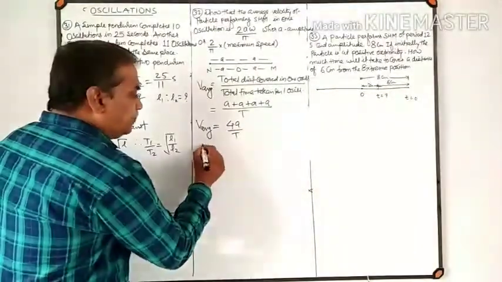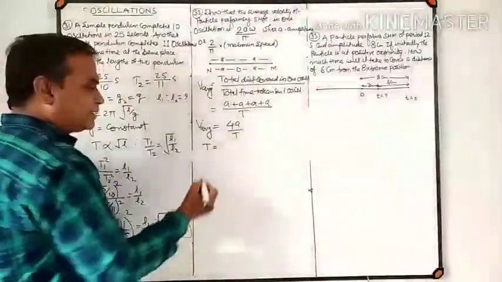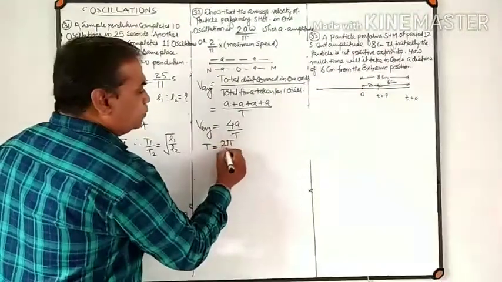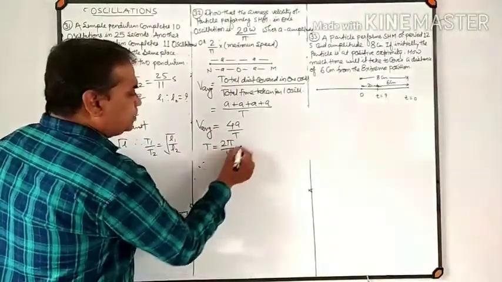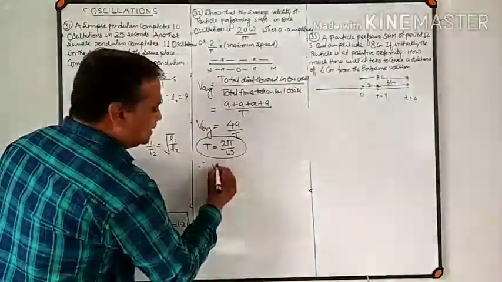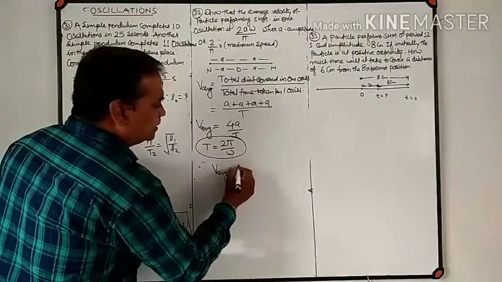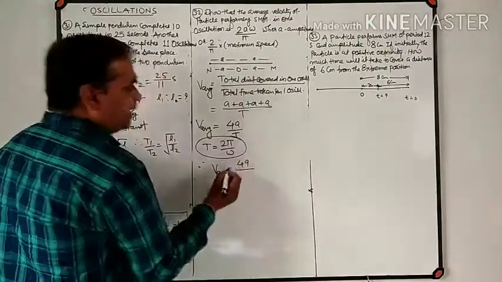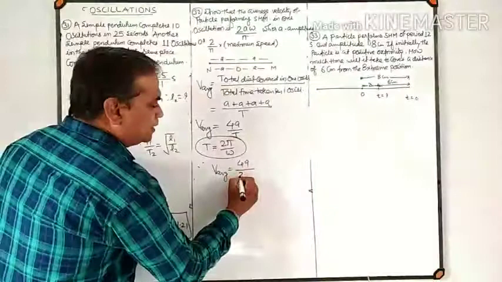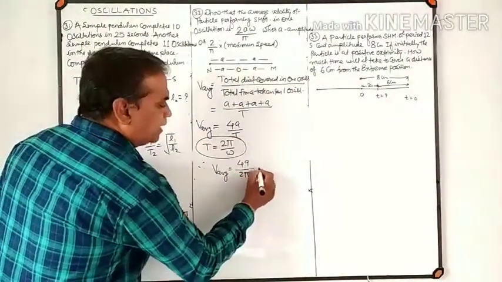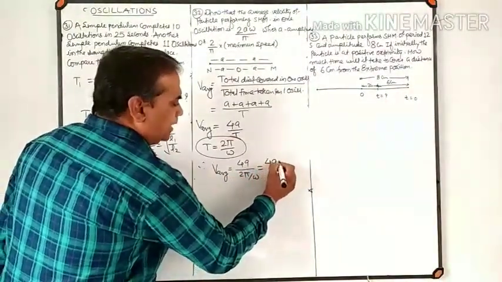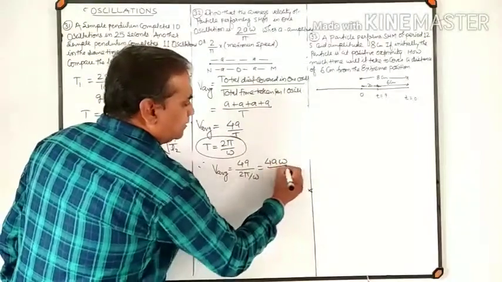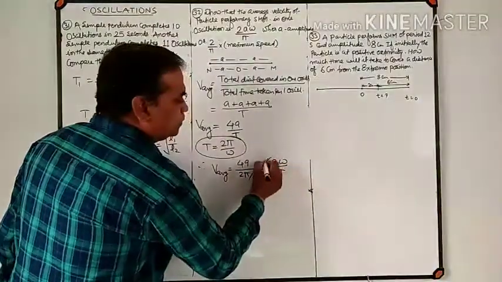But we know that the time period of a particle performing linear SHM, T, is equal to 2 pi by omega. Put this value of time T, and we will get the average speed of the particle equal to 4a divided by 2 pi by omega, or 4a into omega divided by 2 pi, and here 2 twos are 4.